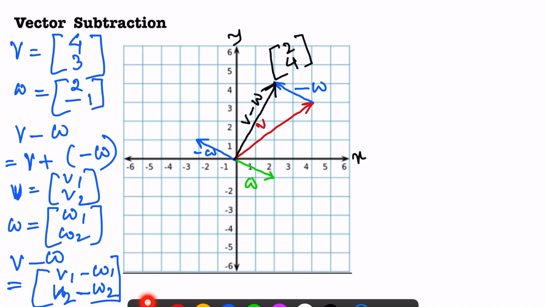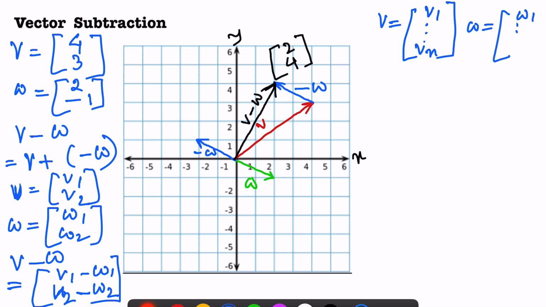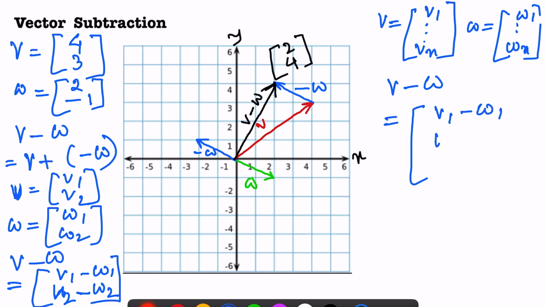So if you want to generalize it for n dimensional vector, where v is v1, v2 till vn, and w is w1 till wn, then v minus w will be v1 minus w1, v2 minus w2 till vn minus wn.